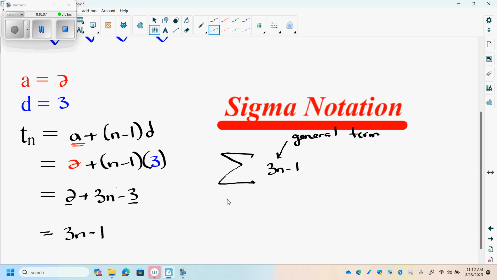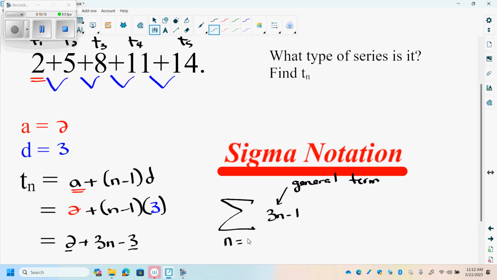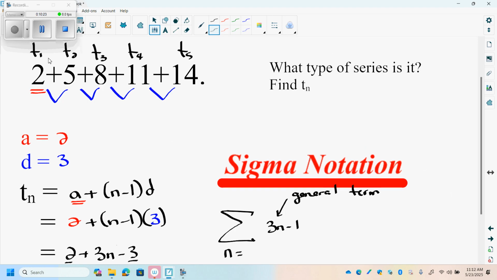I'm going to go from n equals. What do I put here? A 1. And what do I put up top? A 5. Good, Brody.